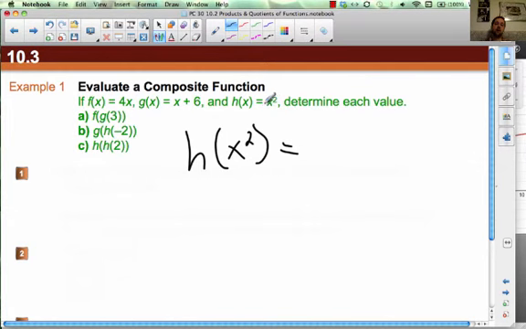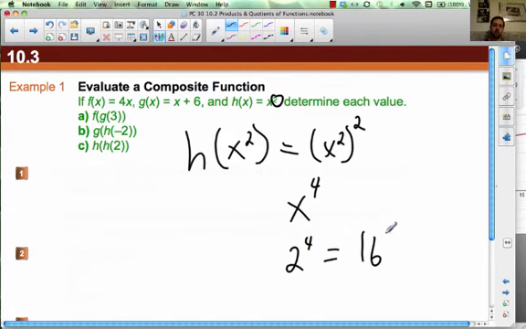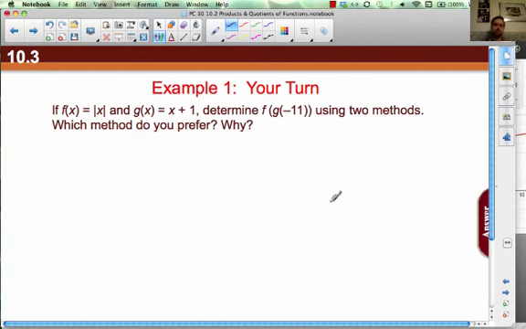So wherever we have an x in our original h function, we replace it with an x squared. So we go x squared and then square it, which would be x to the 4. Now, of course, when we plug in 2, we have 2 to the 4, which is 16, which is what we got doing it with the other method as well.